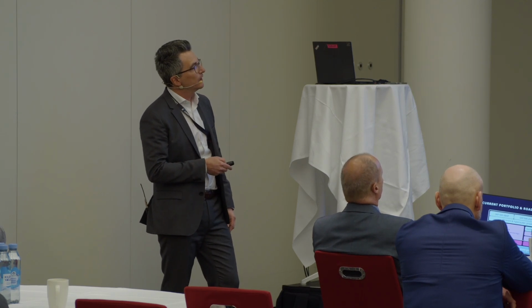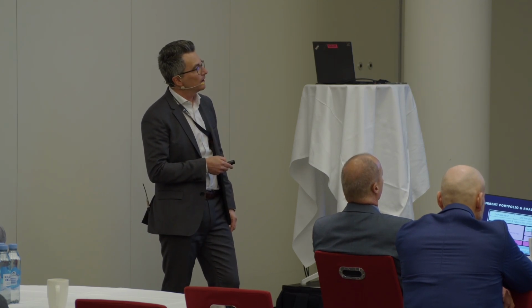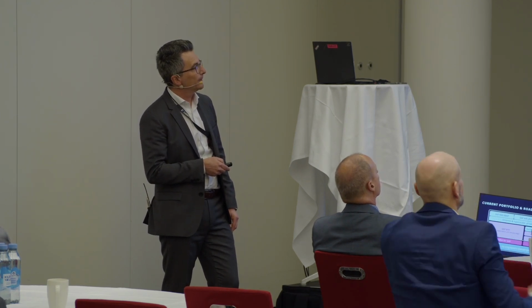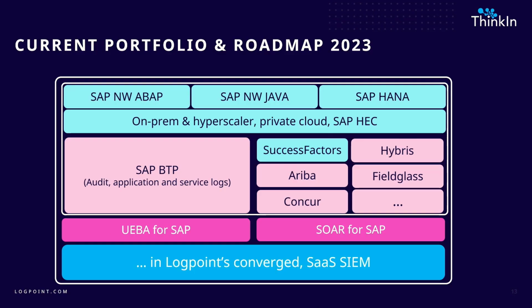Then we're touching on Hybris next, Hybris Sales Cloud products. Ariba will be next, Fieldglass, Concur, those are the SaaS solutions of SAP that we target. This is not a multi-year roadmap, so it is probably a bit too ambitious, but we strive to solve this in 2023 and onboard all this technology.